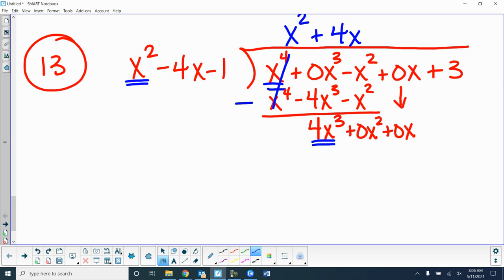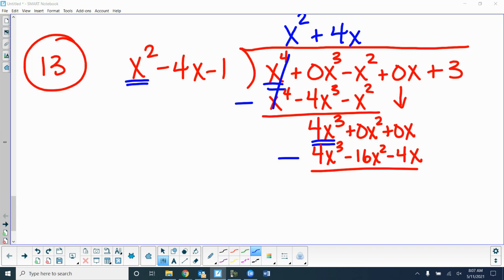So I just go as far as I need to go, until I have the right choice to pick. All right, so I multiply again. 4x times x squared gets 4x cubed. 4x times negative 4x is a negative 16x squared. And 4x times negative 1 is a negative 4x.